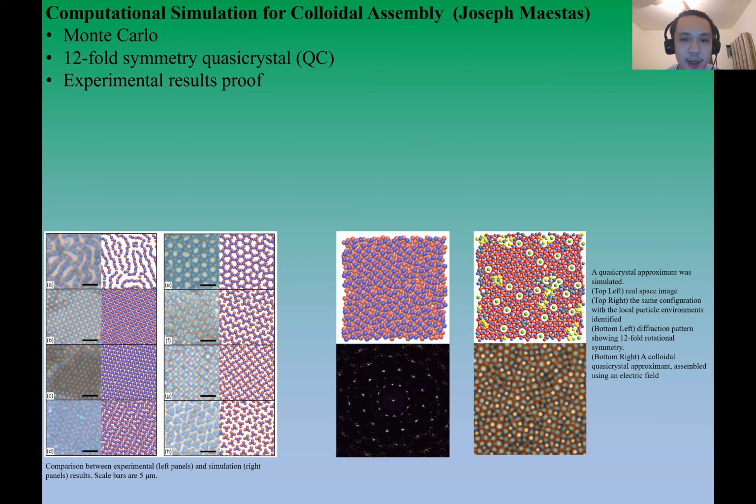Hopefully, we can use the simulation results to find a suitable experimental condition so that we can form quasicrystals experimentally. This hasn't been done by too many researchers before. Hopefully, we can find a convenient way to form the quasicrystal structure in the lab instead of just a simulation result in the future.